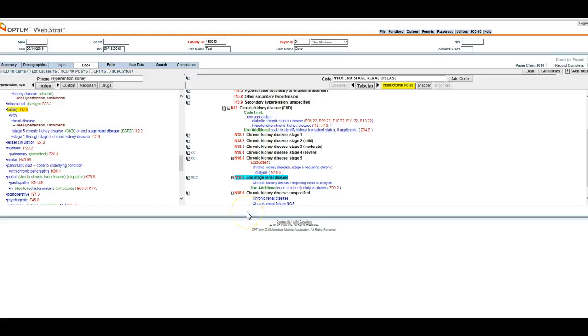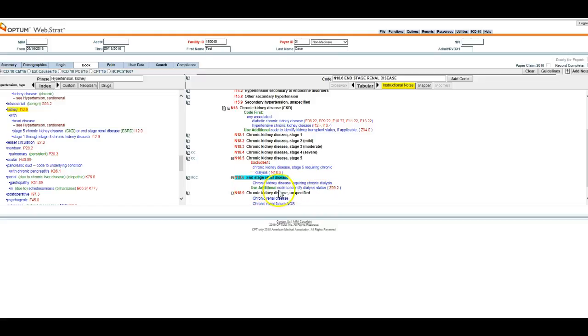So as you can see, we're given ranges of codes to research, but the best method is to always review your excludes notes and your parenthetical notes to make sure that you code accurately. Now we have N18.6, which is end-stage renal disease, chronic kidney disease requiring chronic dialysis.